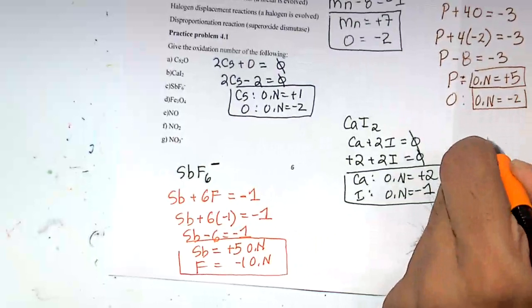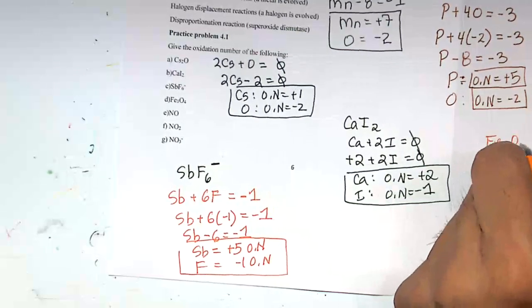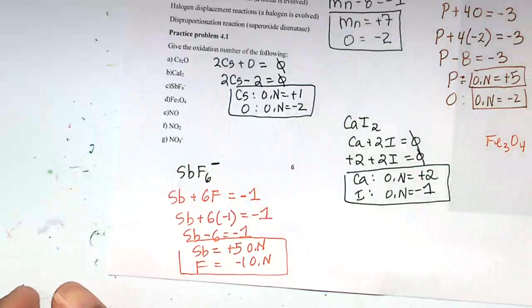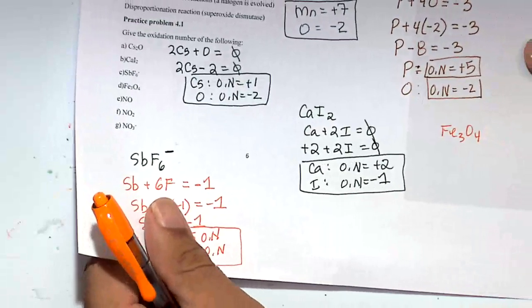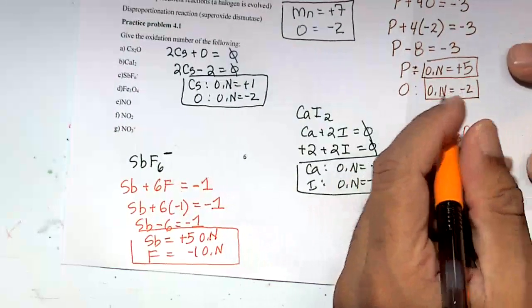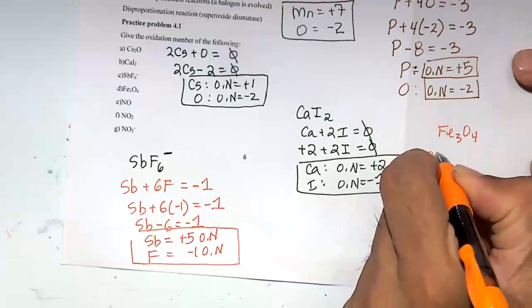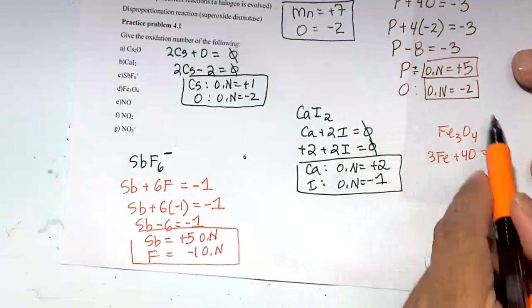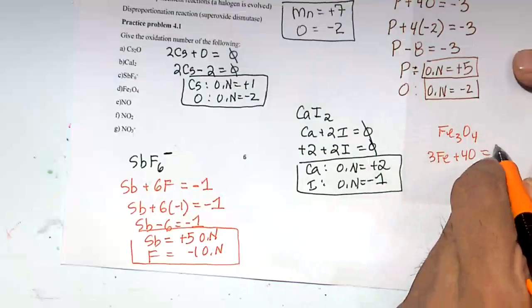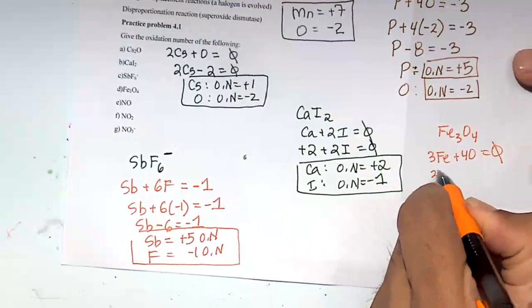Right, Fe3O4. So this one is weird because you actually get a fraction. Okay. Iron is very strange in terms of its oxidation rules. But here it's going to be 3Fe plus 4 oxygen equals to what charge? 0. Okay.